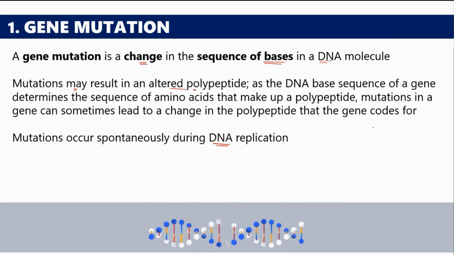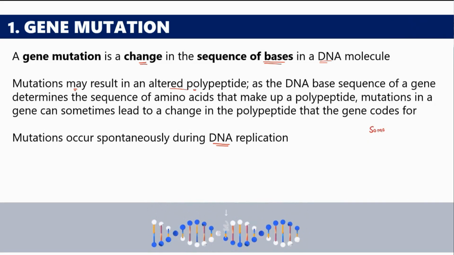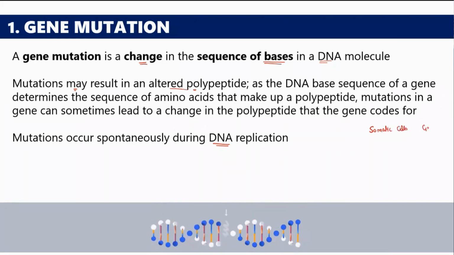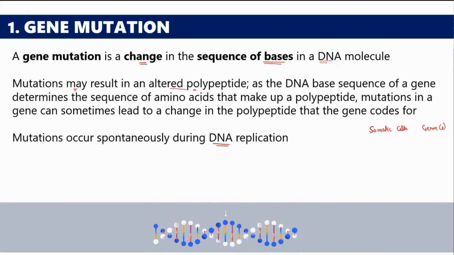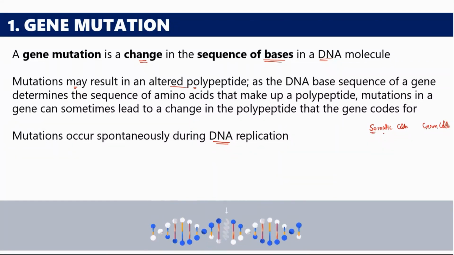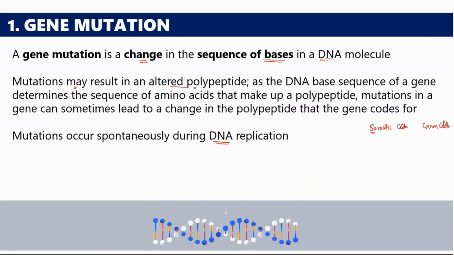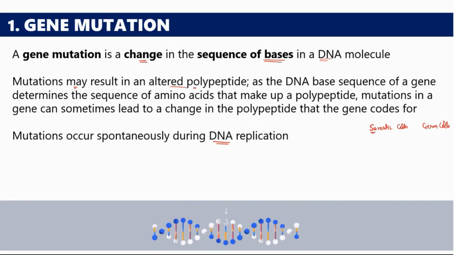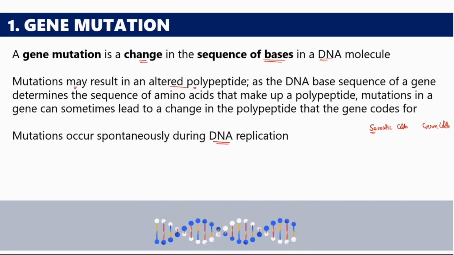So there are two types of cells in the body: somatic cells and germ cells. All the cells of your body which are non-reproductive, meaning they don't participate in reproduction, form the rest of your body.